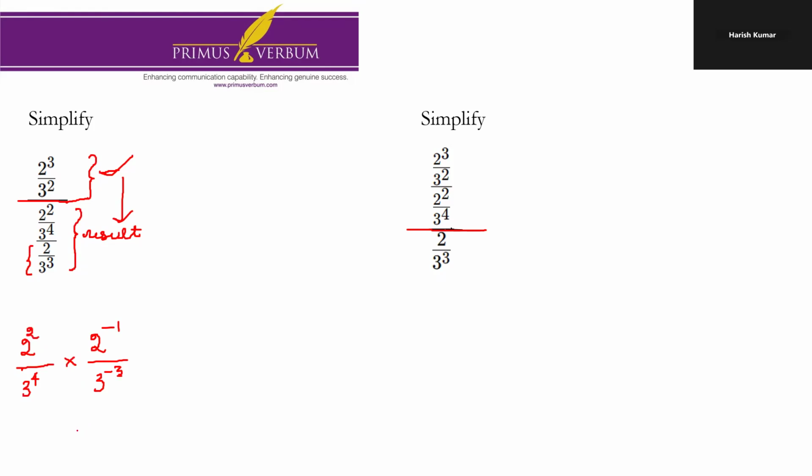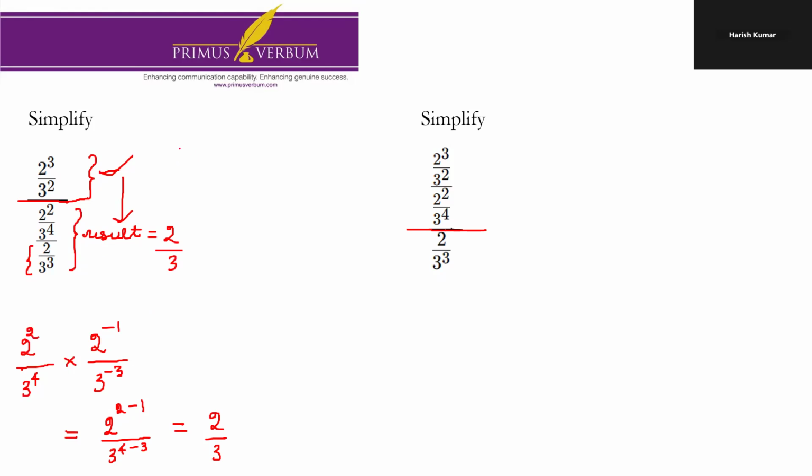Now, since the bases are the same in the numerator and the denominator, I can apply the product of powers rule. So I will have 2 raised to the power 2 minus 1 divided by 3 raised to the power 4 minus 3. I'm just adding the exponents, which gives me 2 divided by 3. So this result is 2 by 3.